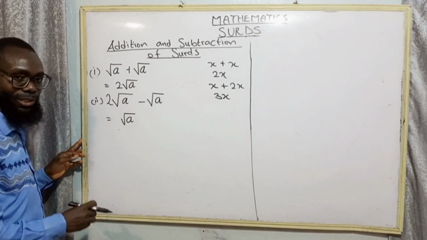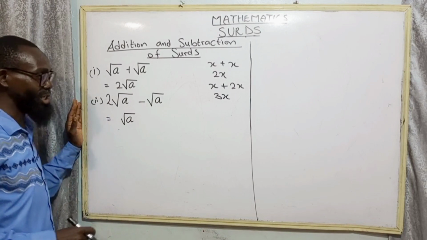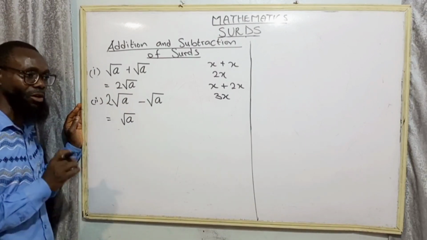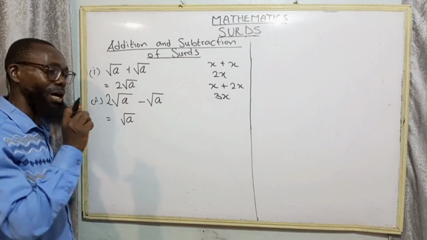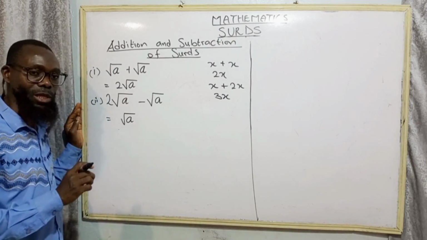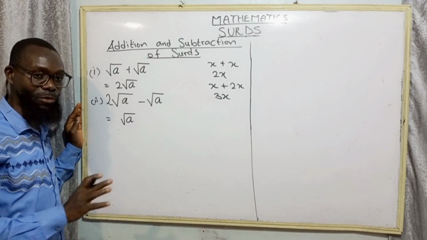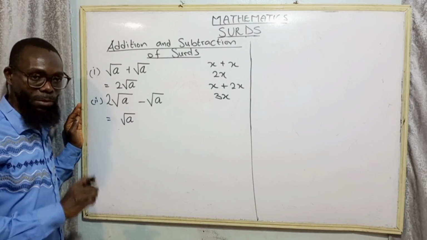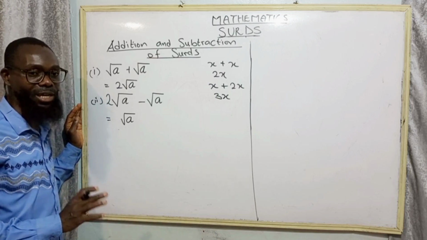We have root A. These are addition and subtraction of surds. They must be the same. Secondly, we must simplify the surd to the lowest term if possible. That is, we simplify to the lowest level before we can write our final answer.